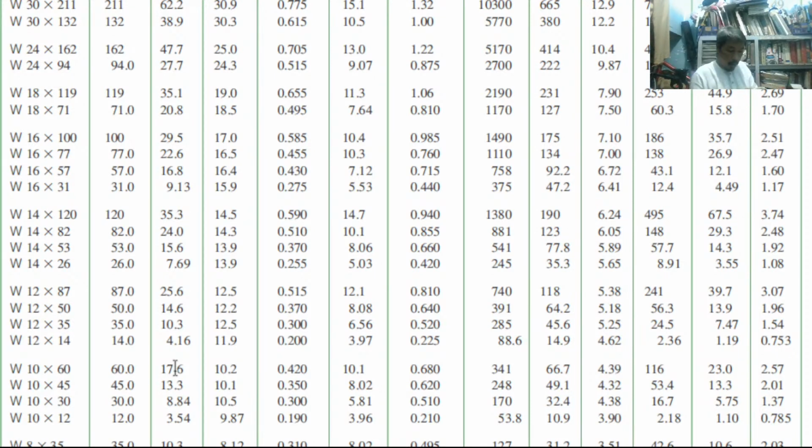I will show you how to interpolate to find the area, and also the R, Rx and Ry. You can interpolate this too. I will only interpolate one, and you can do the others.